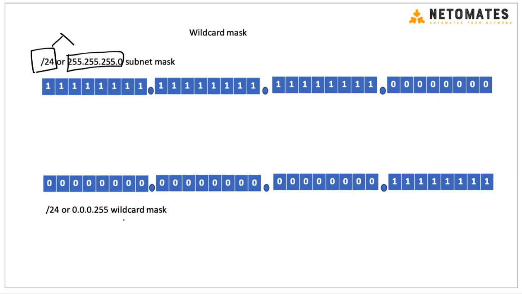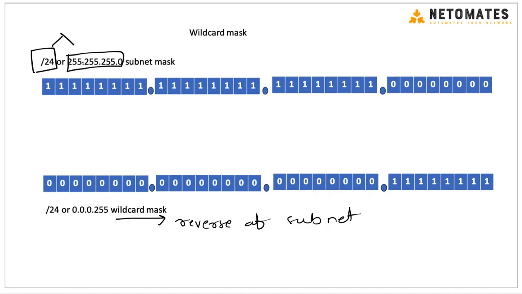And let's look at wildcard mask. A wildcard mask is exactly the reverse of the subnet mask. In this case, we just need to reverse the bit values. Wherever you have ones in the subnet mask, you change them to zeros, and wherever you have zeros, you change them to ones.